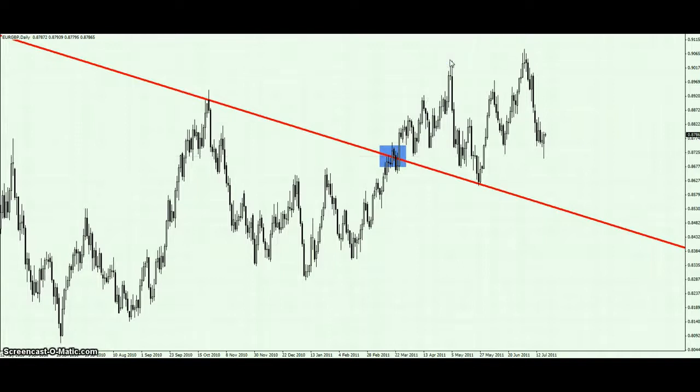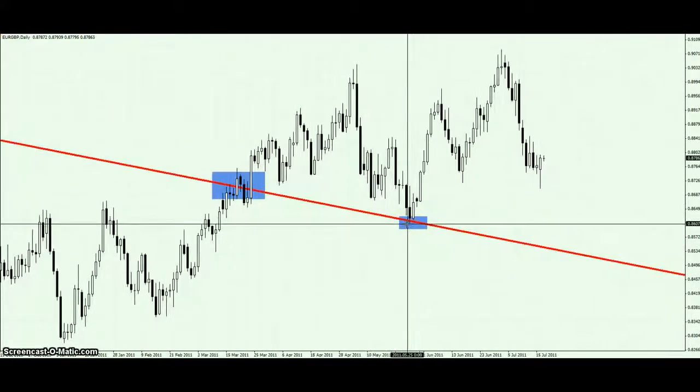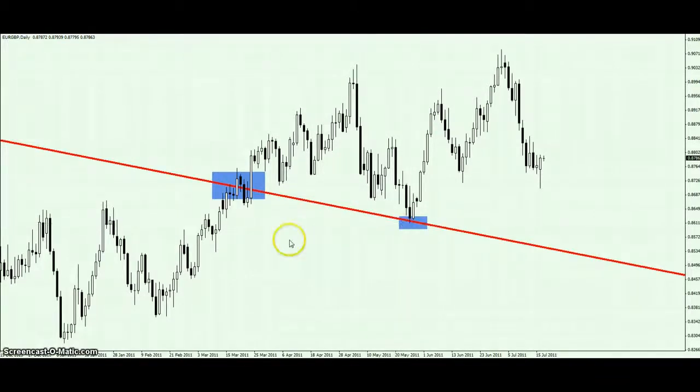But the move here was in the region of 330 pips, and the price pulls back, almost a clean retest of that trend line, and it looks as though we may have had a slight overthrow, but by daily time frame standards, an overthrow of 8 or 9 pips wouldn't be considered overly problematic.